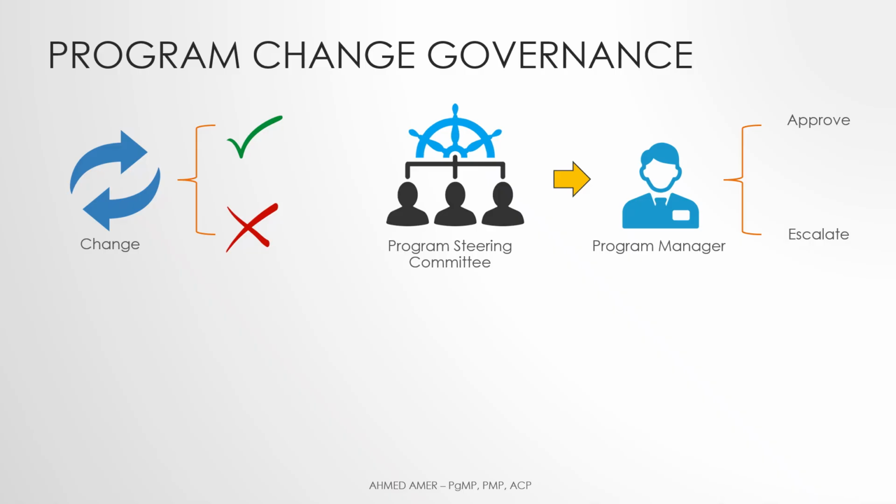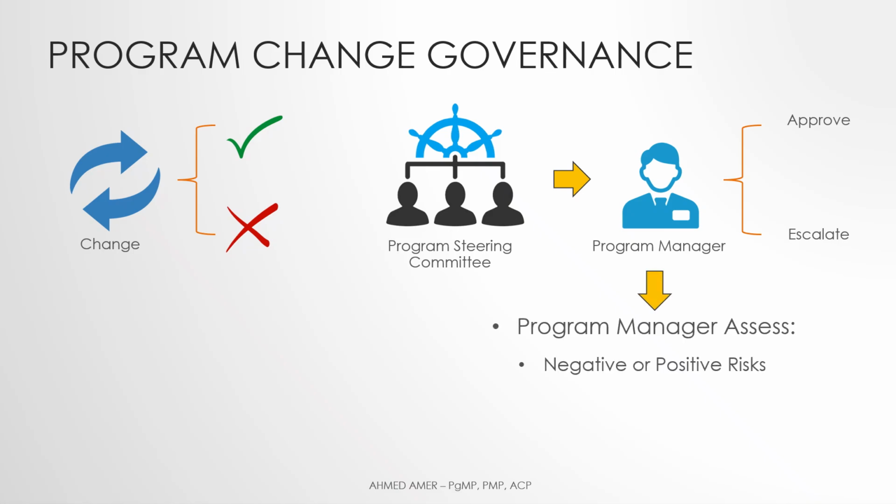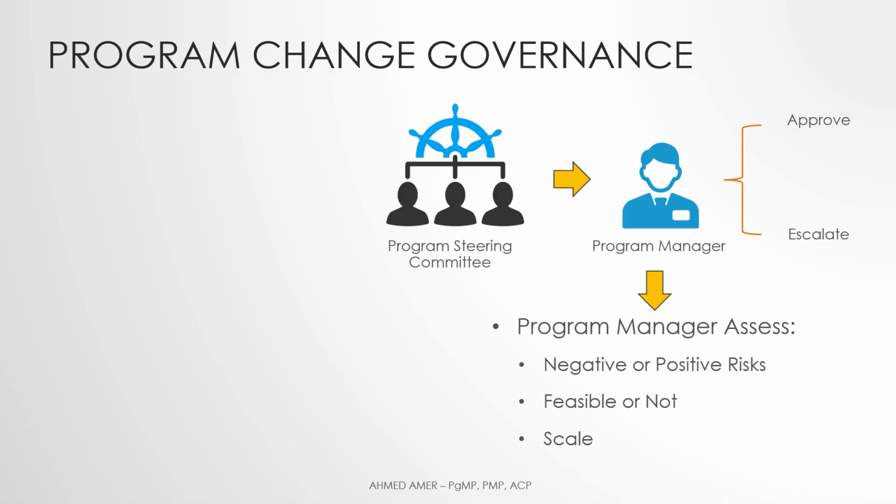When a change is proposed, the program manager assesses whether the risks involved are acceptable or even beneficial, whether the change can realistically be carried out and supported, and whether it's big enough so it requires an approval from the portfolio management body if the program is part of a portfolio, or another suitable governing body if it is a standalone program.